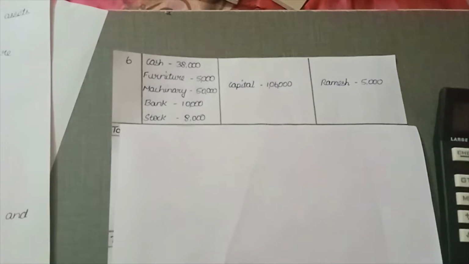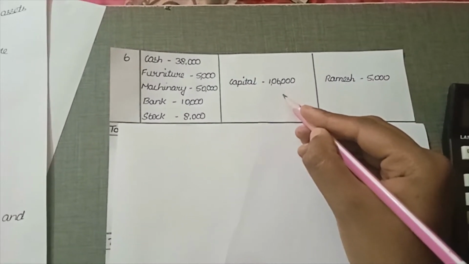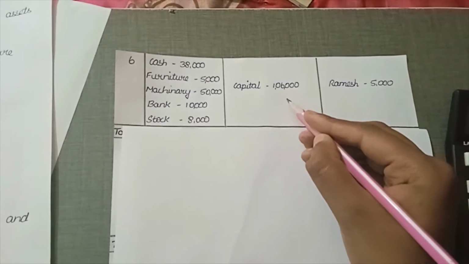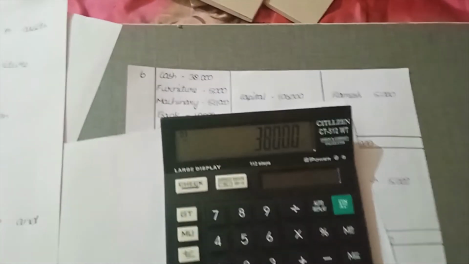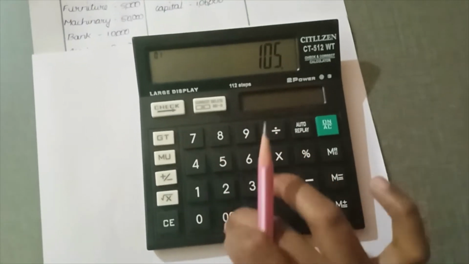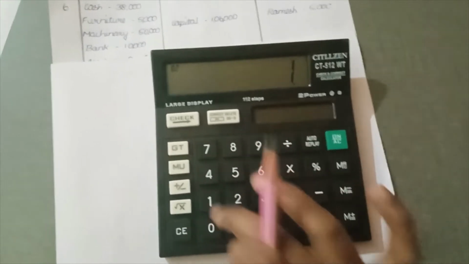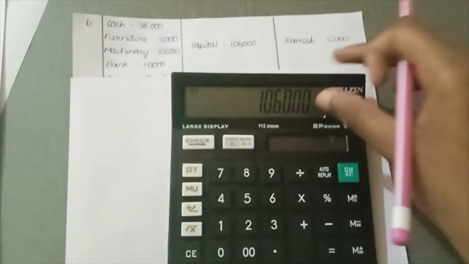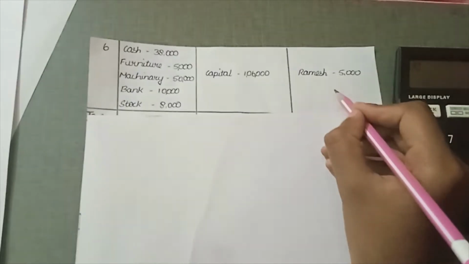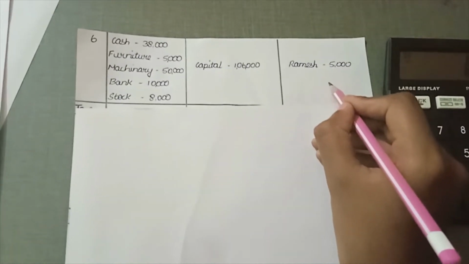Then there was capital of 1,05,000. So adding this also, 1,05,000 plus 1,000 will become 1,06,000. We have still not paid the 5,000 rupees liability.